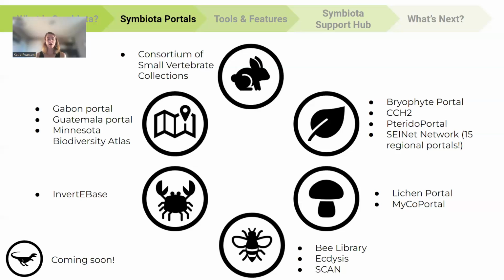We have a lot of Symbiota portals that currently exist, I think over 45 to 50. These are just a few of the portals that we have that are themed based on taxonomy or on geography, such as the Gabon portal, the Guatemala portal, and the Minnesota Biodiversity Atlas, like I mentioned.